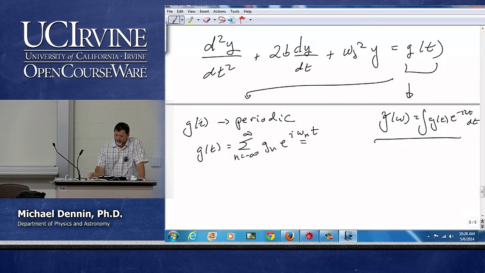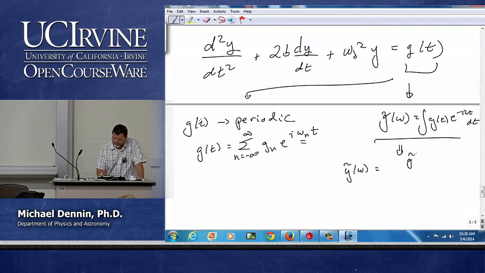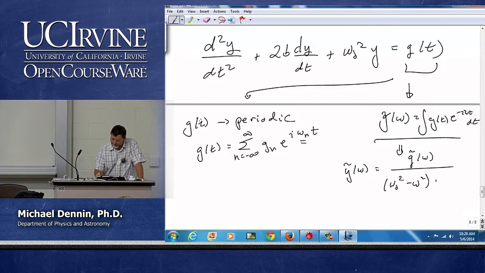I just want to remind you, if I use this new notation, the answer will come out in kind of a more standard form, where I have omega naught squared minus omega squared plus 2i omega b.